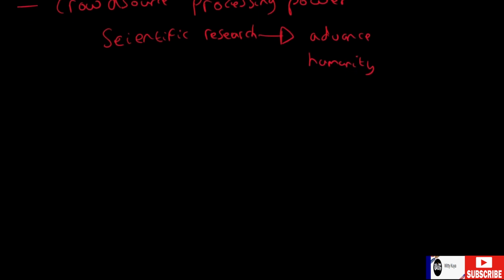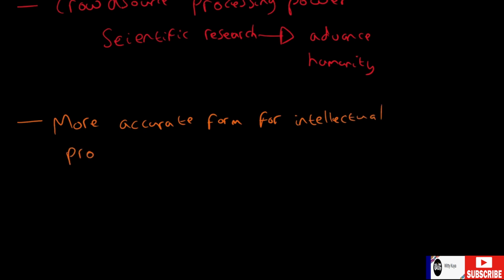I already mentioned that it's open and free, so that's obviously again another great one. Another great use case, or another reason why you might want to use it, it provides a more accurate form for intellectual property.